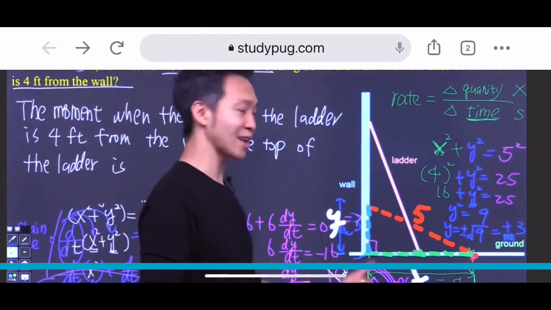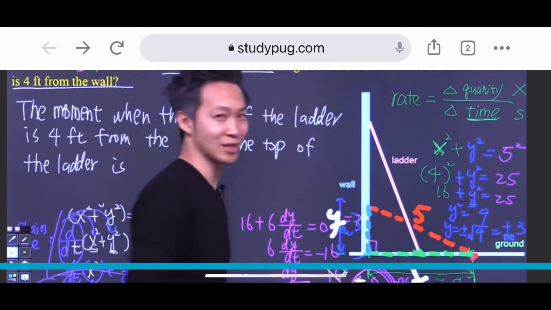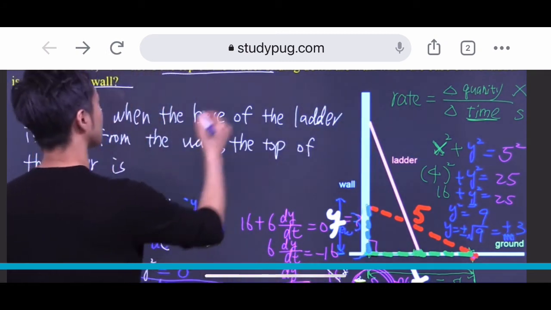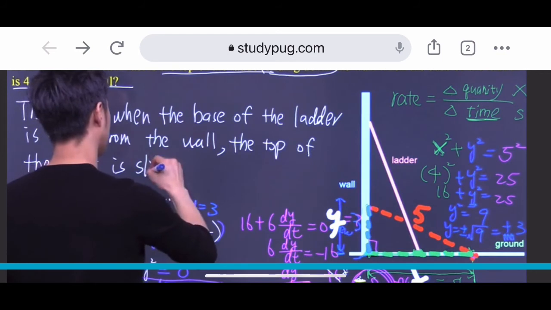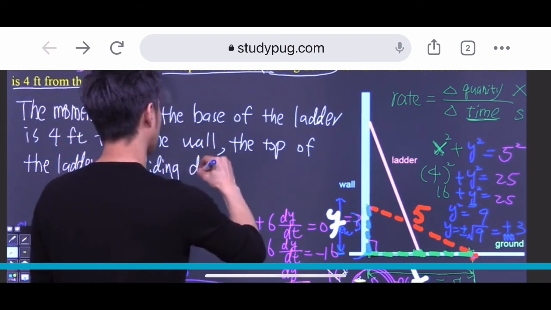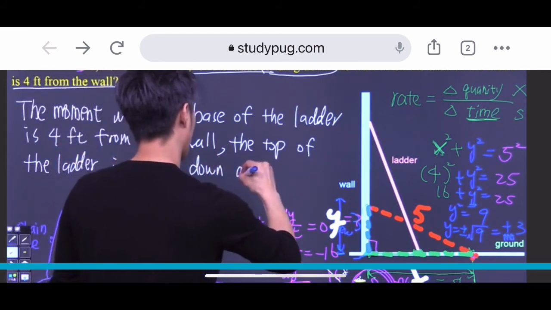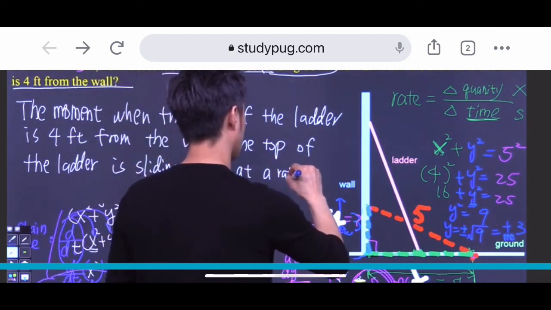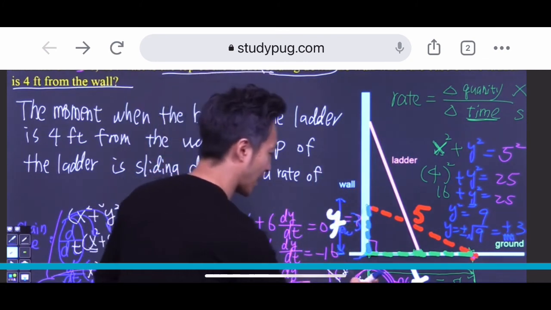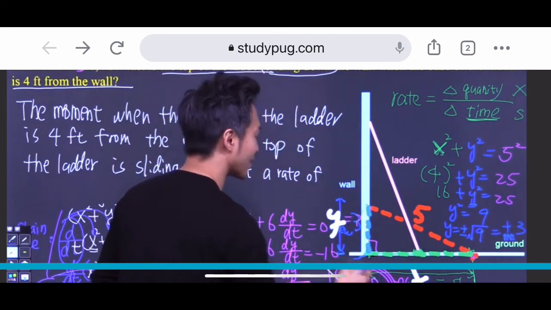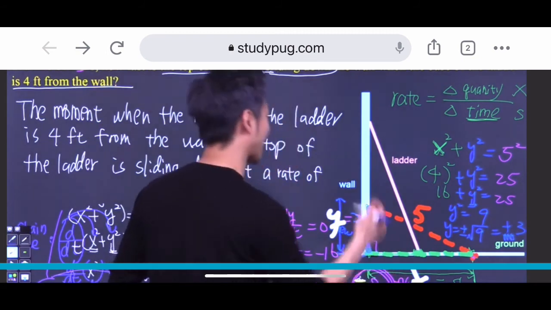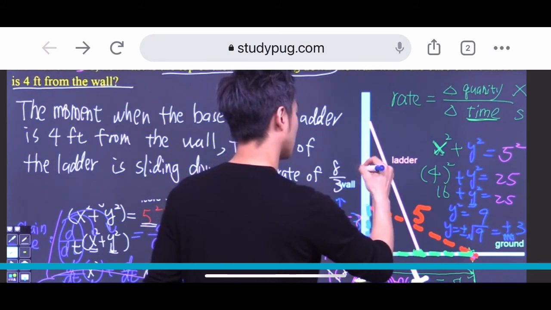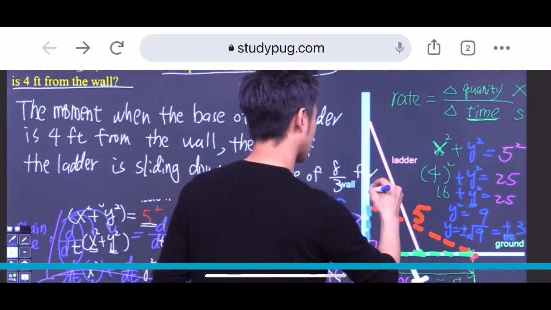Sliding up or sliding down? With a negative value, that tells us that the top of the ladder is sliding down at a rate of 8 over 3 feet per second.